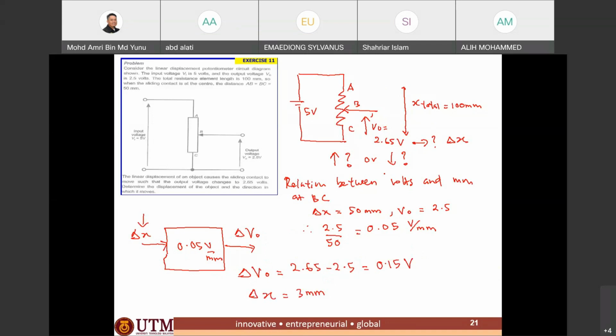And so we have to see whether it's moving up or moving down.